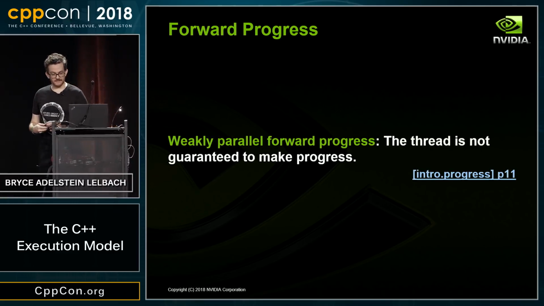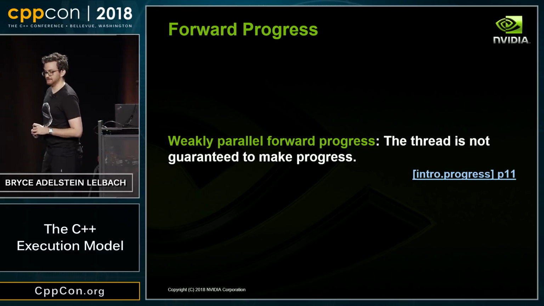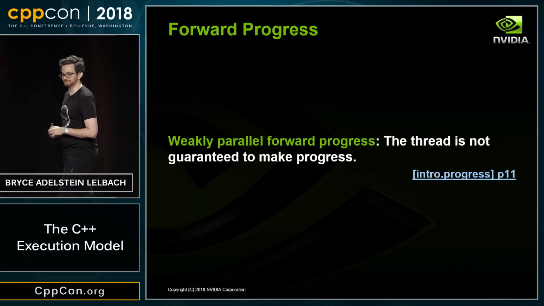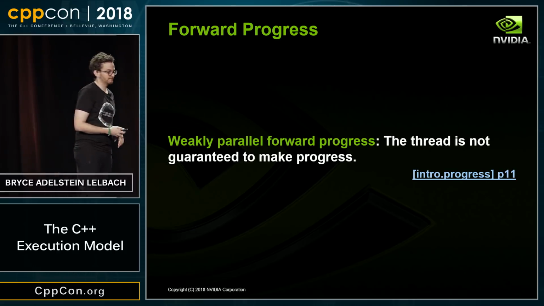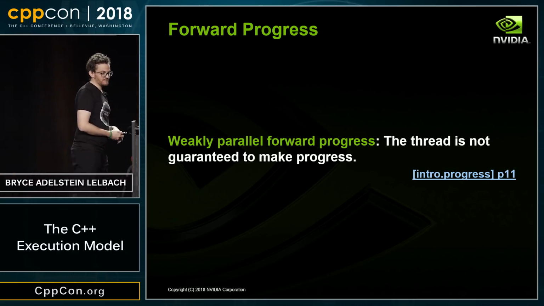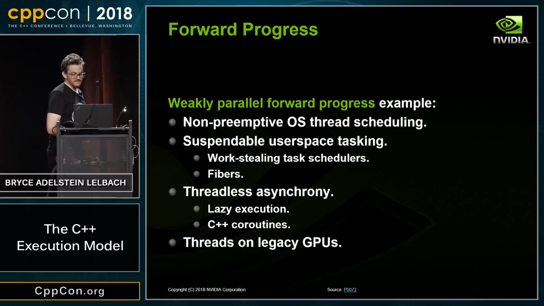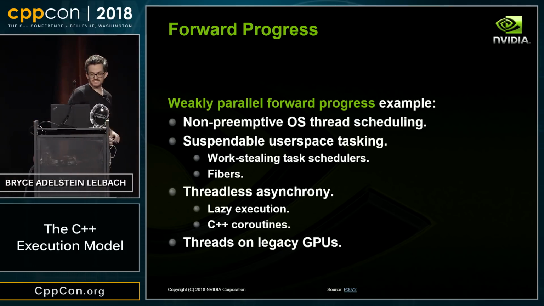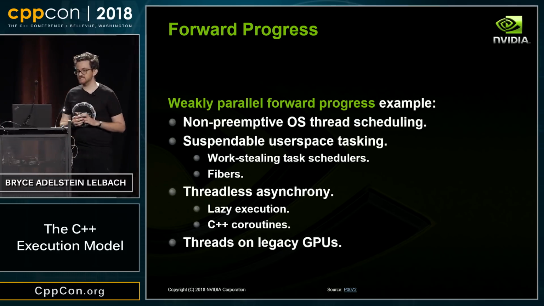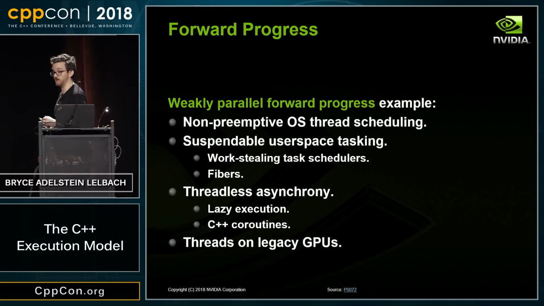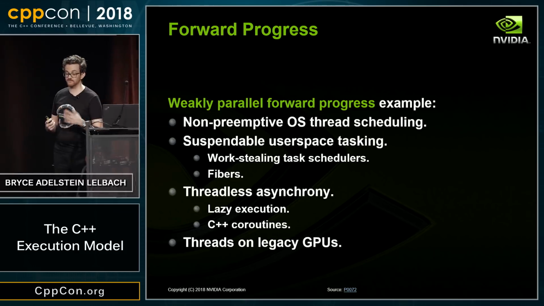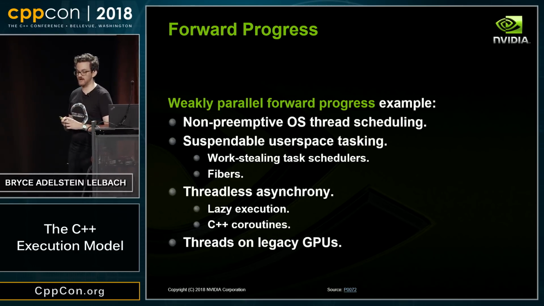Then we have weakly parallel forward progress guarantees, which is really just you don't get any progress guarantee at all. So the thread's not guaranteed to make forward progress. There's a lot of things that fit this model. Non-preemptive OS thread scheduling, suspendable user space tasking, so something like work stealing task schedulers, where your user space tasks will voluntarily preempt themselves, or fibers.